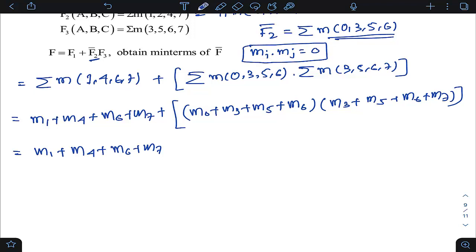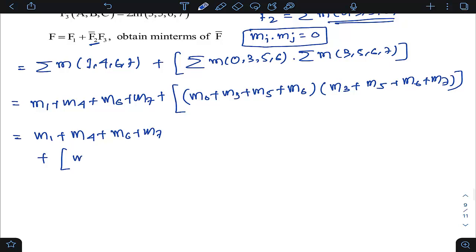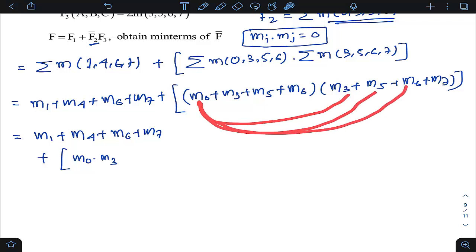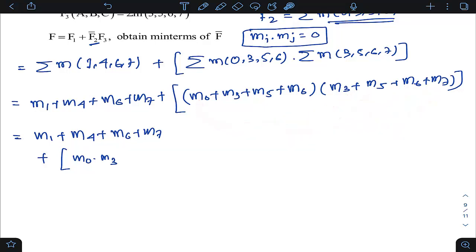So student, if I expand it, we get min term 0 ANDed with min term 3, like normal multiplication, plus min term 0 with min term 5, min term 0 with min term 6, min term 0 with min term 7. I am doing it first for this one; for the remaining ones we will get the pattern and easily come to the conclusion.